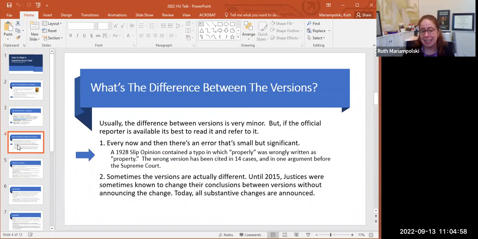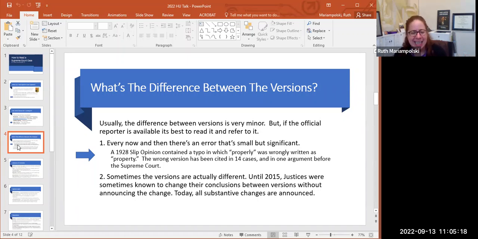Next question is, what's the difference? Why is it important? Usually the difference between the versions is very minor, but if the official reporter is available, it is best to read that version and refer to that version. First of all, sometimes there are typos that are small but significant.